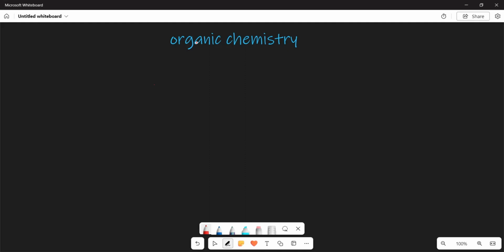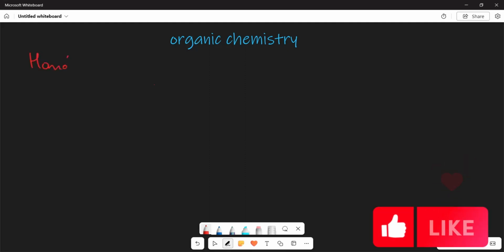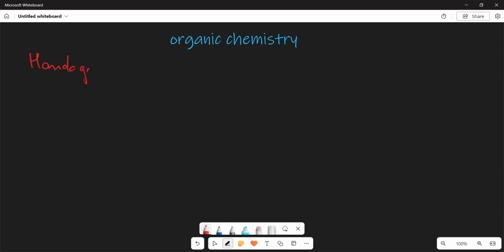Here we are going to be looking at homologous series, which are families of compounds. As soon as we talk of families of compounds, we know that we are going to have different families.